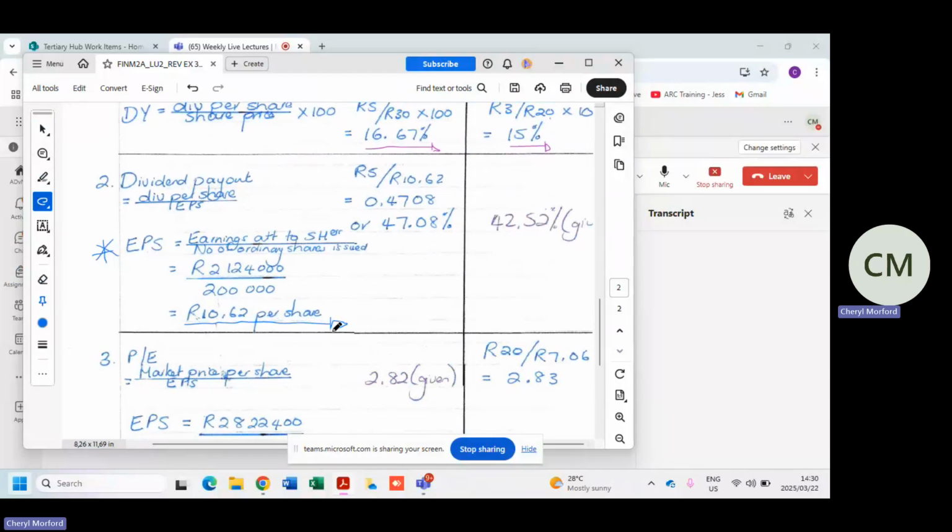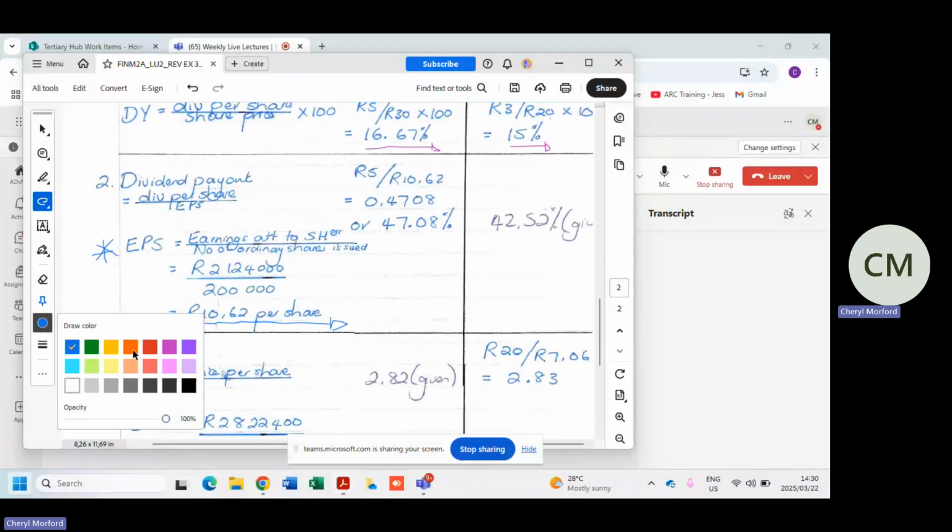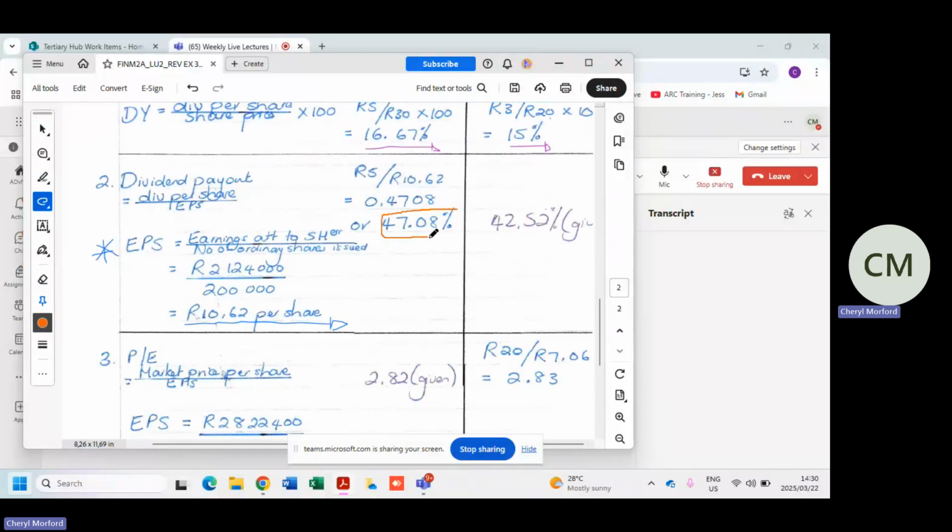So now all I'm going to do is put my dividend per share of 5 rand, and divide it by 10 rand 62, and turn it into a percentage. Let's just get a contrast color, and it's 47 and a little bit percent. We weren't required to work out for purple.